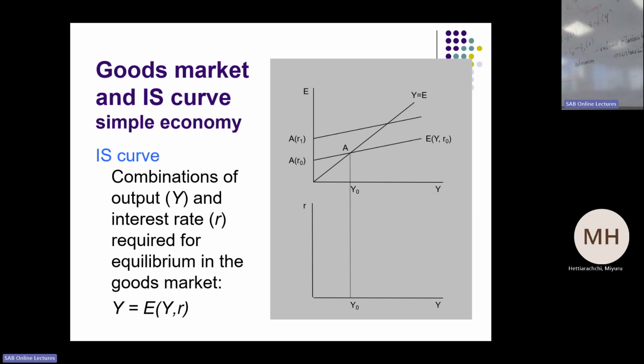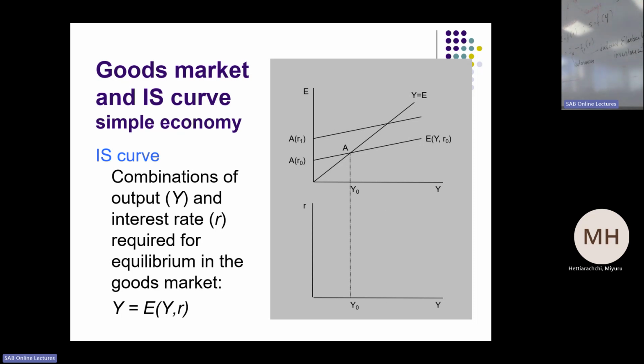Now suppose the interest rate decreases from R0 to R1. If there is a decline in the interest rate, what happens? That will increase aggregate demand due to a rise in investment demand. Investment increases, which raises aggregate demand, and therefore shifts the aggregate demand curve upward to the right.